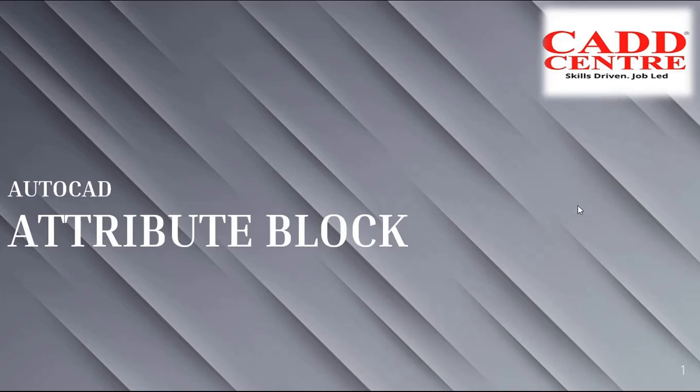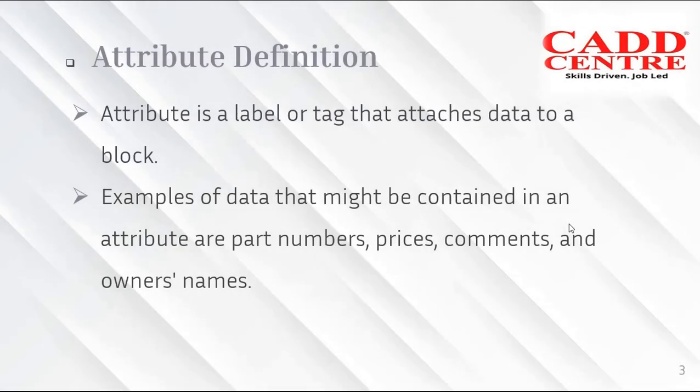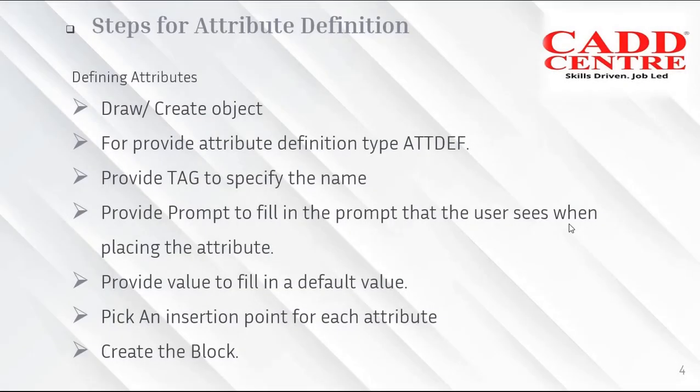First of all, what is attribute block? Attribute block is a tag or a label that attaches data to a block. Then the contents. After that, attribute definition and their examples. Steps for attribute definitions.